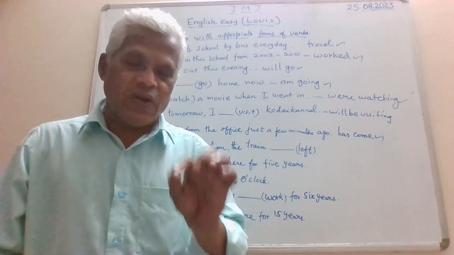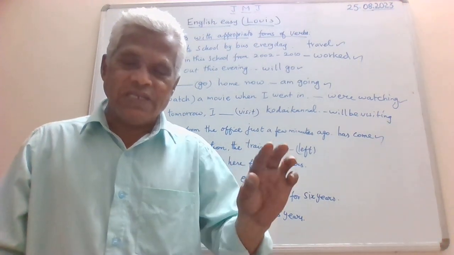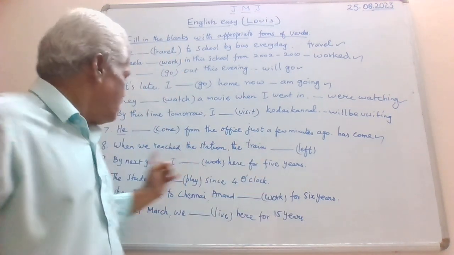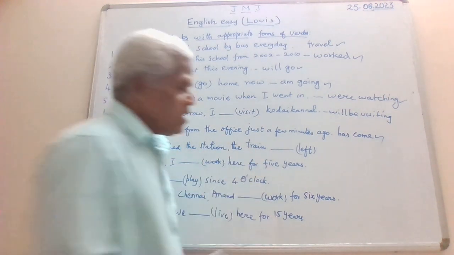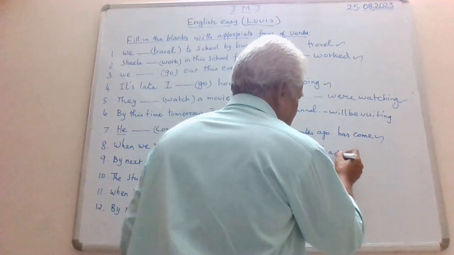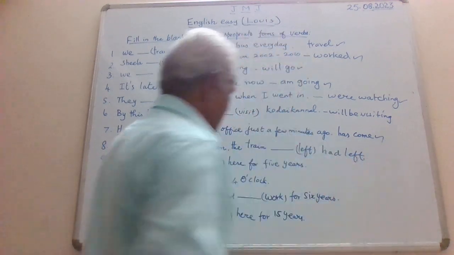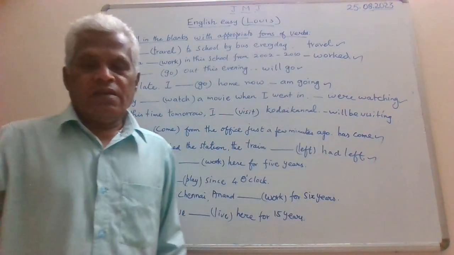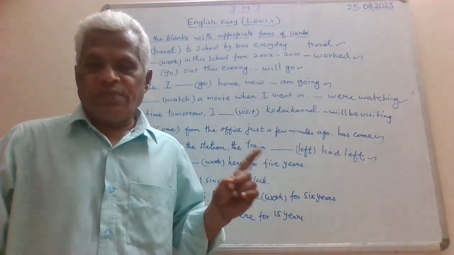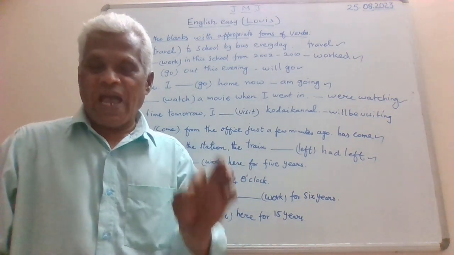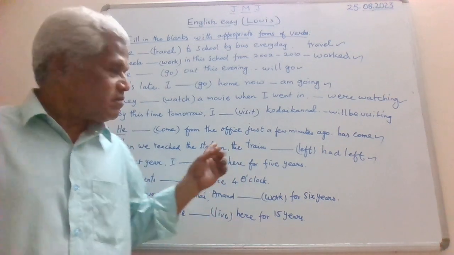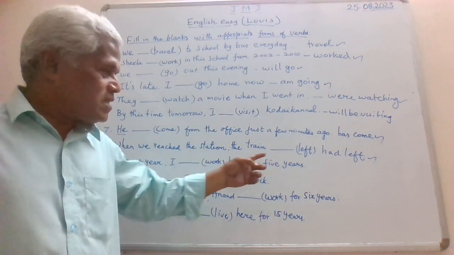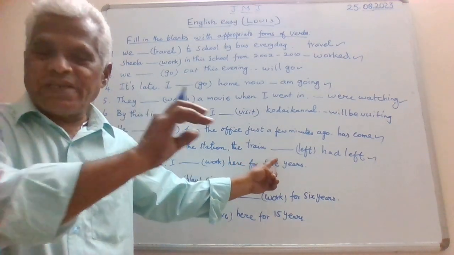So past perfect tense, what is the formula? Had plus the third form of the main verb. Which means here, when we reach the station, the train had left. See, the train had left. So past perfect tense is used to describe an action that began in the past and to some extent is concluded.